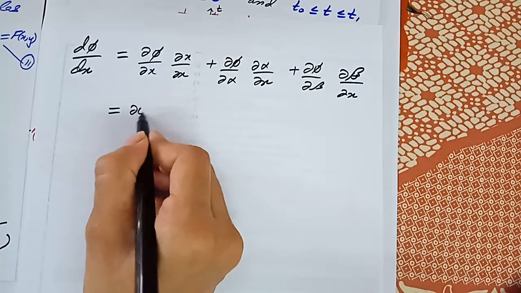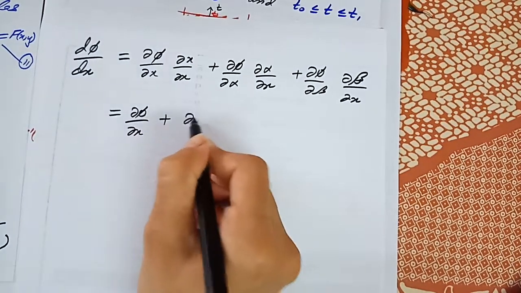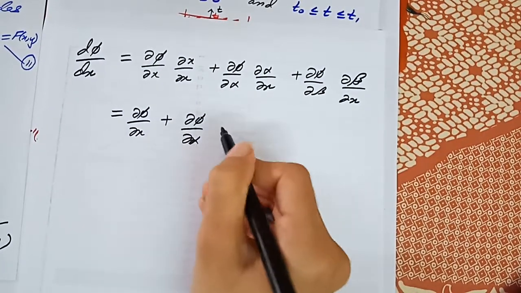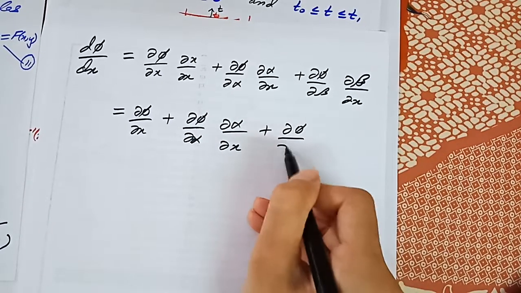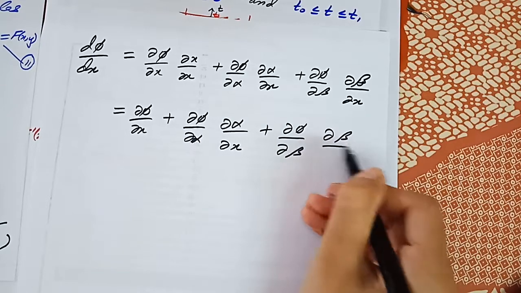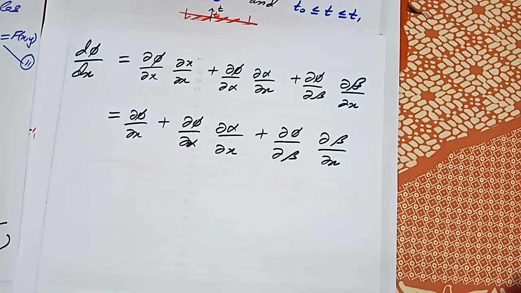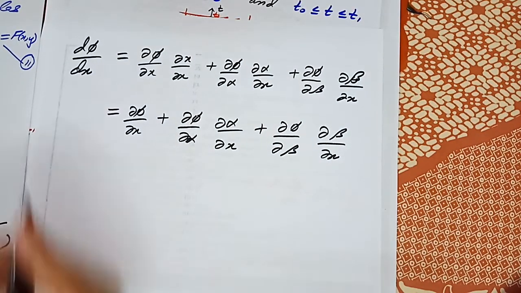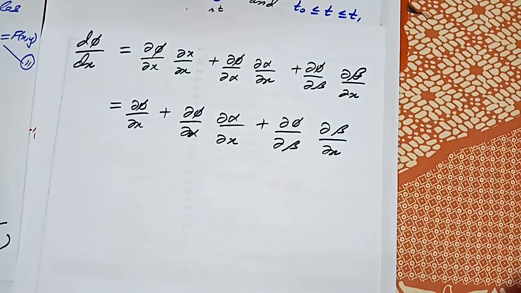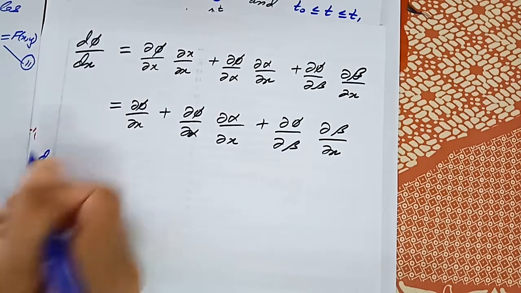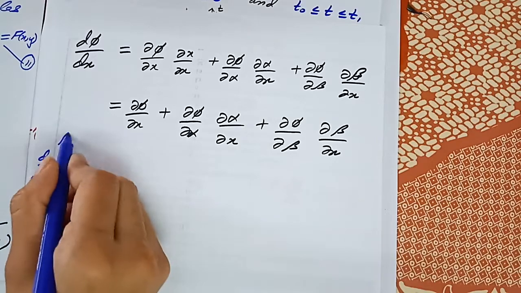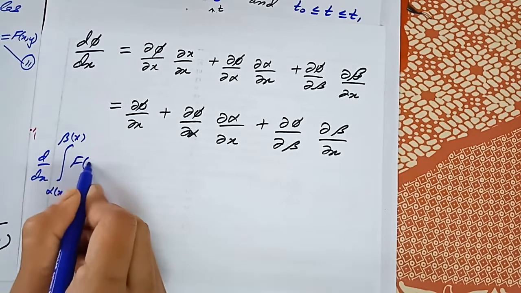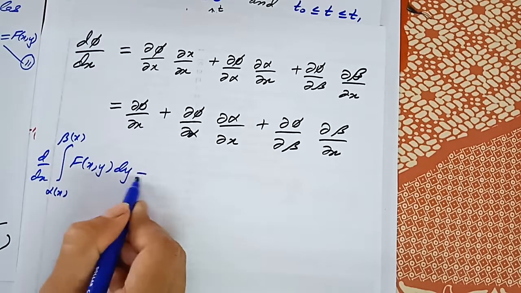So you're left with partial phi over partial x plus partial phi over partial alpha times d alpha over dx plus partial phi over partial beta times d beta over dx. Now we need to plug in all the values. So this is d by dx as it is, and your phi was the integration from alpha of x to beta of x, f of x, y dy.